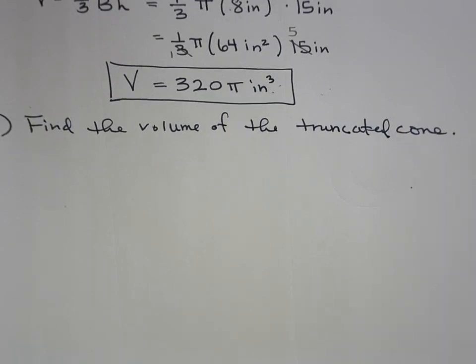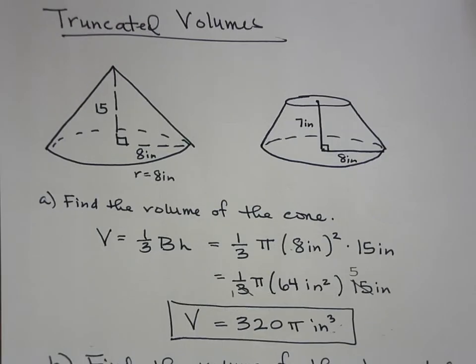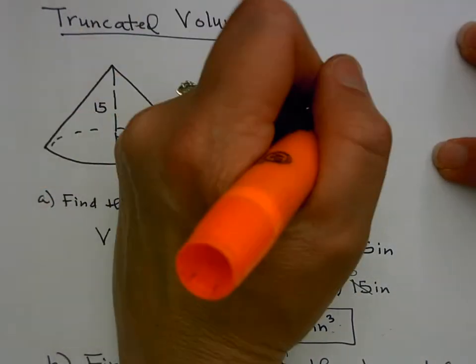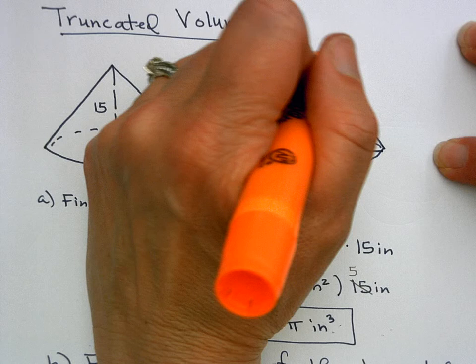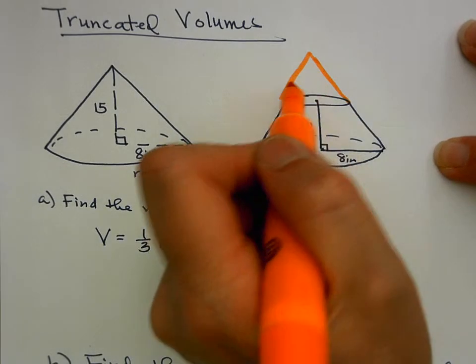so truncated again means just like the top was chopped off, okay? So I'm going to drop to the picture here real quick. Okay, so the truncated cone, this is the top of the cone, right? So what I need to do is I need to find the volume of that.